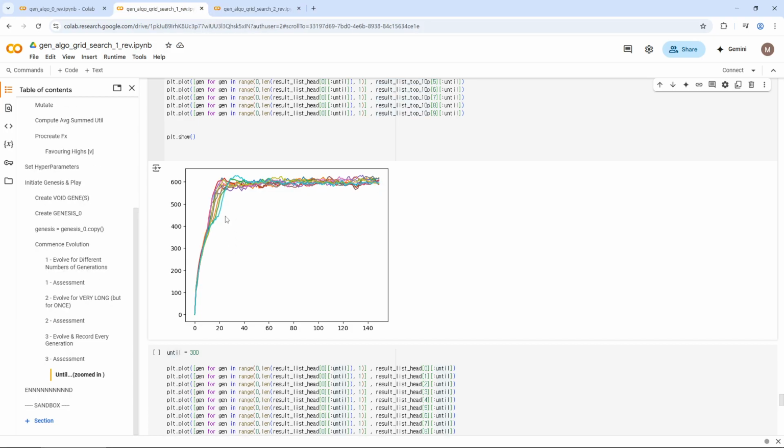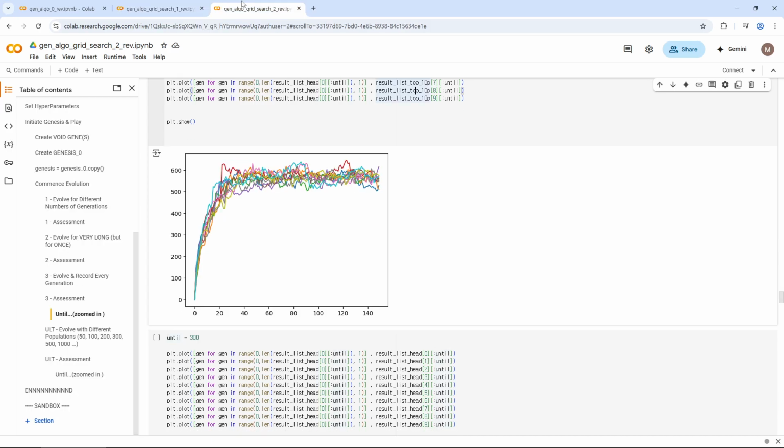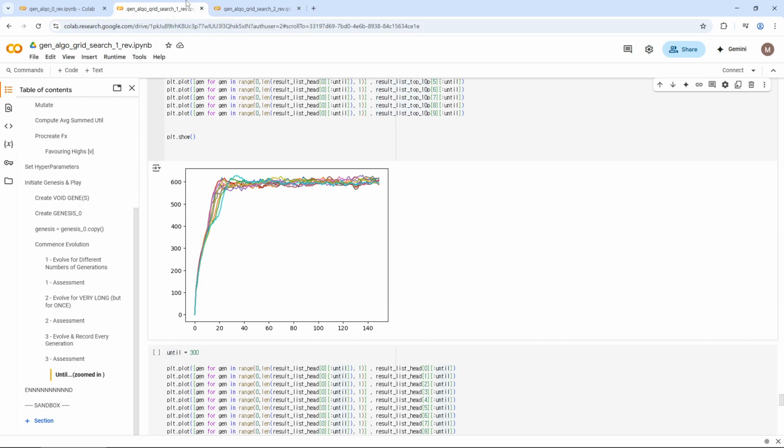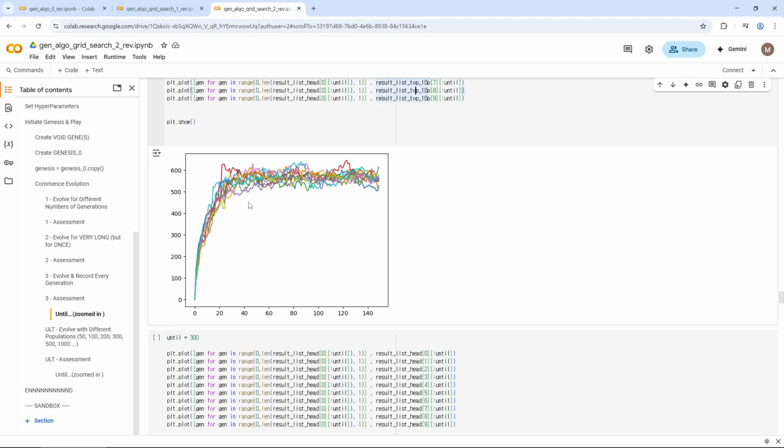Whereas for 500 entities in the population, they go up and they come down, and then they just stay there. I mean, we can still see the dip with this cyan line, this light blue, and this light blue as well. But with small populations, the dip doesn't happen, but not in a good way.